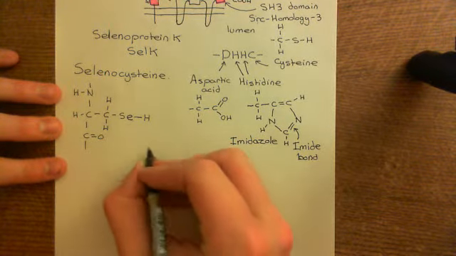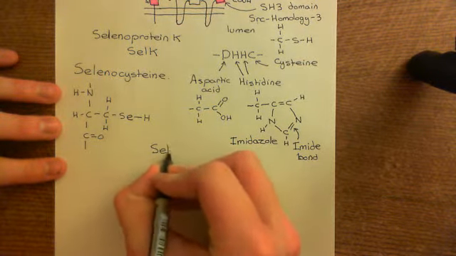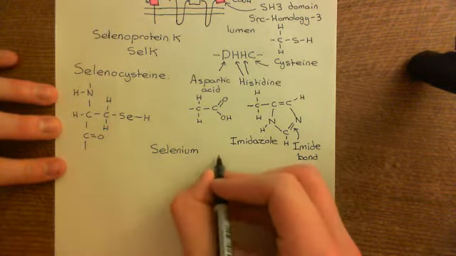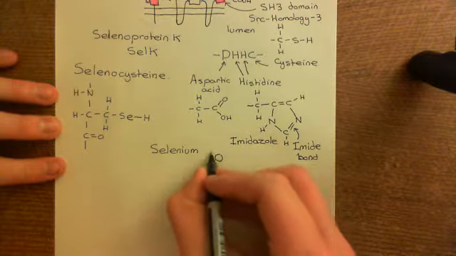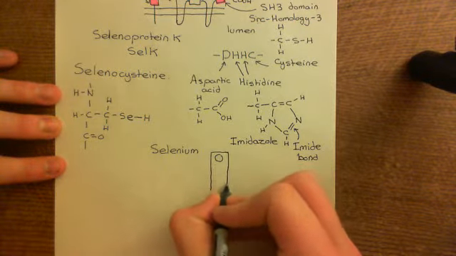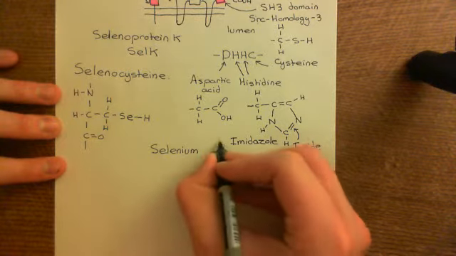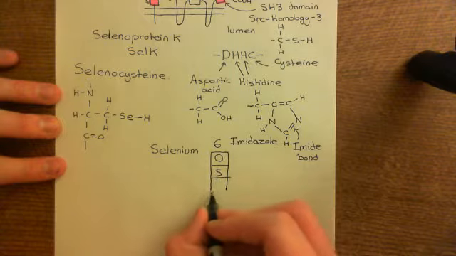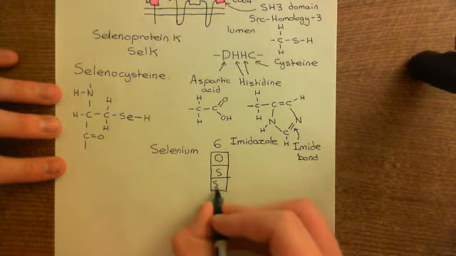Okay, so what is the atom selenium? Well, basically, you remember I said that oxygen and sulfur were in the same group of the periodic table. So if I draw this here, here's oxygen in the periodic table, and this is group 6, by the way. Then below it is sulfur. Well, below sulfur then is selenium.